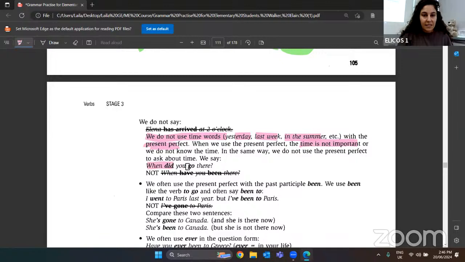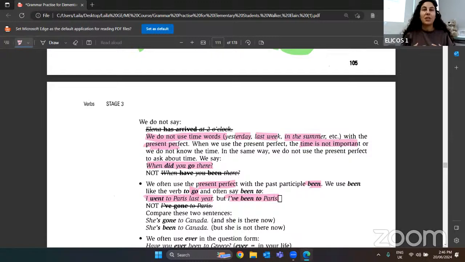So it's the same as, you know, when did you go there? We use the present perfect with the past participle, sometimes with been, especially when we use the verb go. So I went to Paris last year, that's past simple, but listen to this sentence, I have been to Paris.